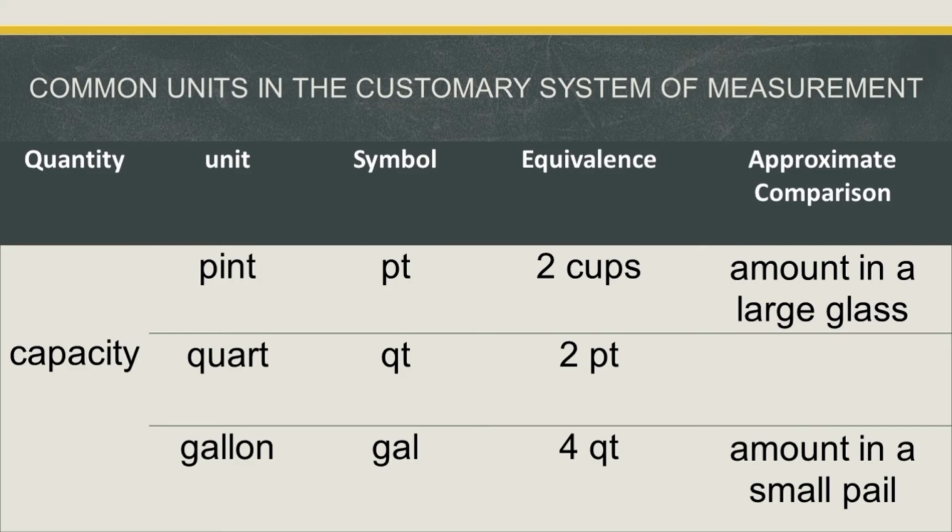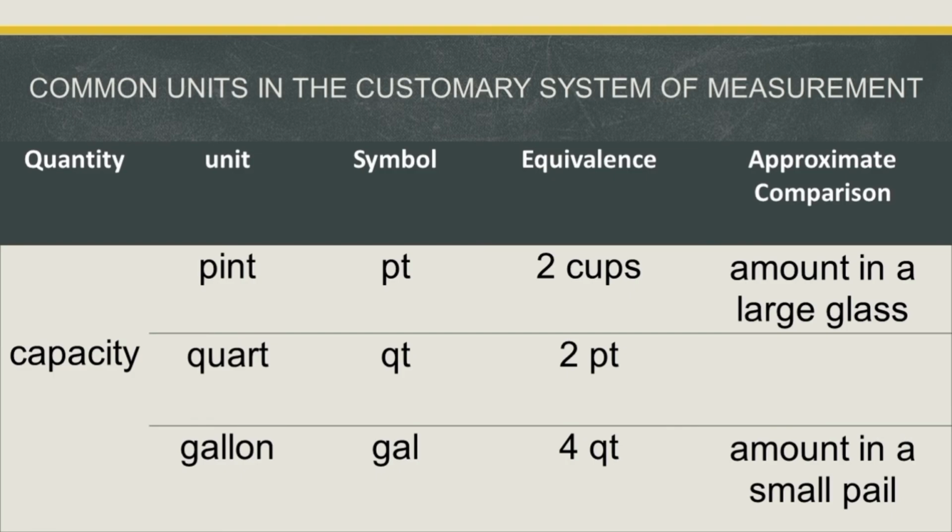Pint has a symbol of PT with the equivalence of 2 cups and the approximate comparison of the amount in a large glass. Next, we have quart with the symbol of QT. The equivalence is 2 pints, and it has no approximate comparison.